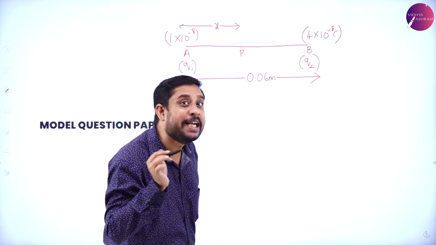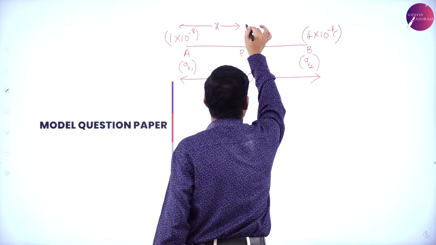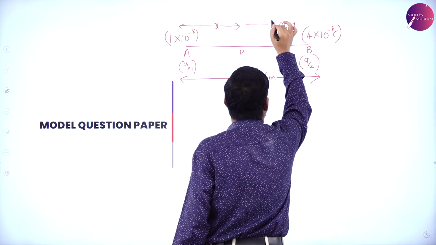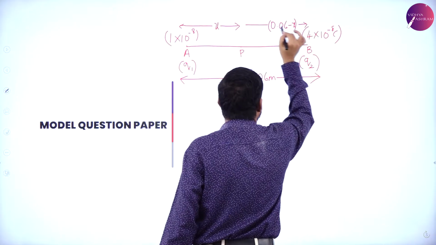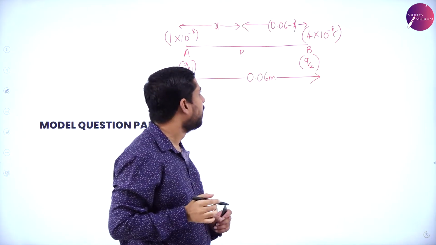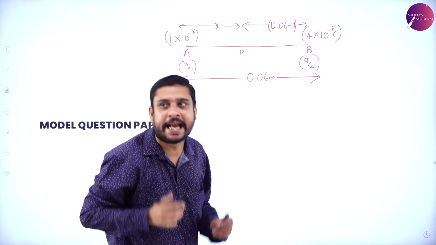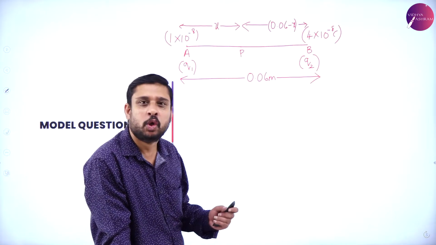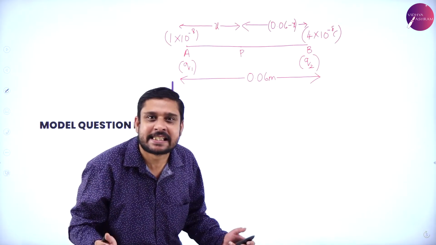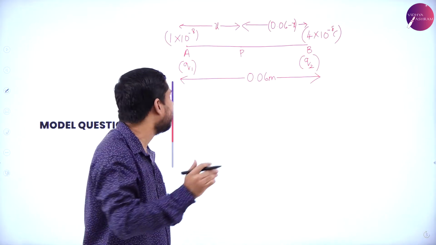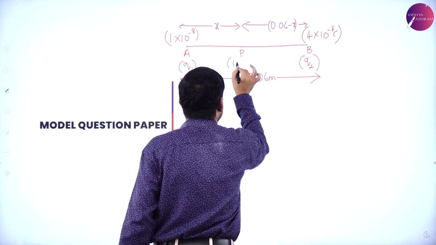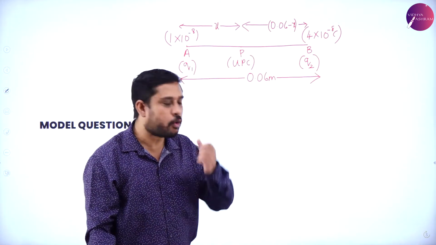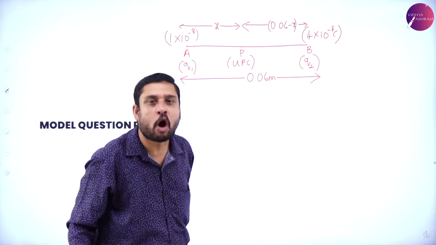So distance from P to B is what? This is 0.06 minus x, and this x is what we are evaluating. And what is placed at P? UPC, the test charge, which is testing the electric field. So now recall, how have we done the problem?